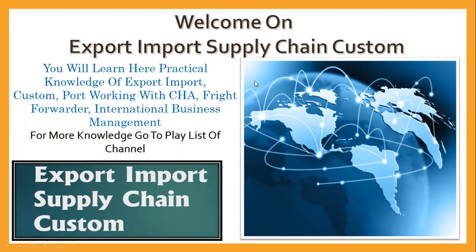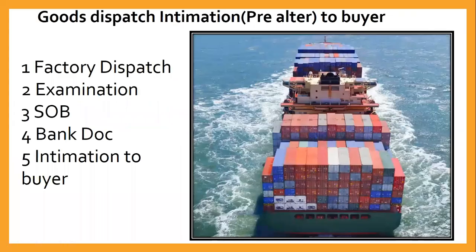And today in this session we will understand goods dispatch intimation to the buyer. So we will understand how this process happens step by step. This process starts from factory dispatch.